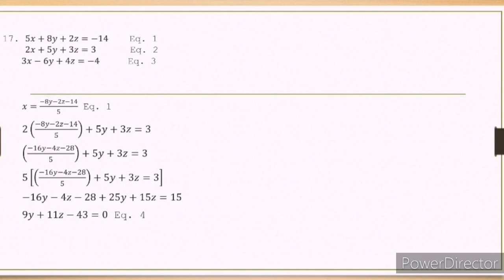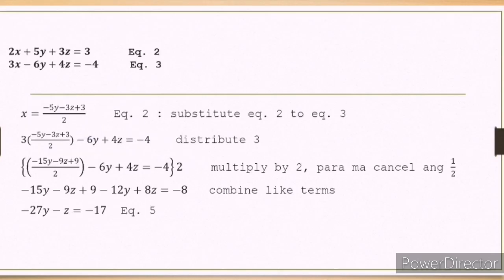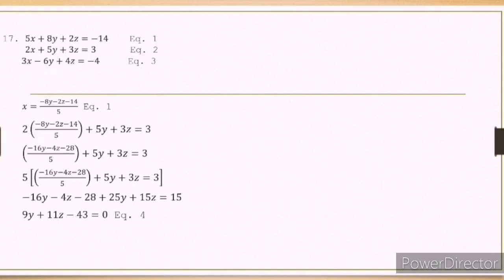Now for combining like terms, negative 16y and positive 25y is equal to 9y.